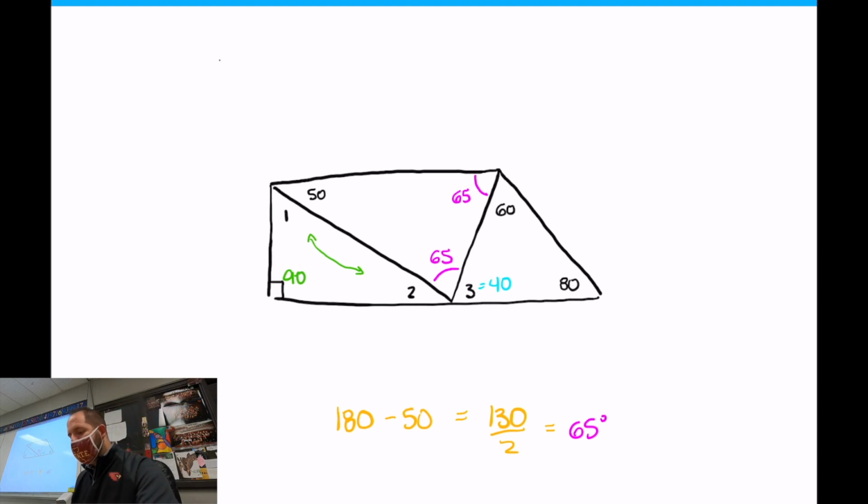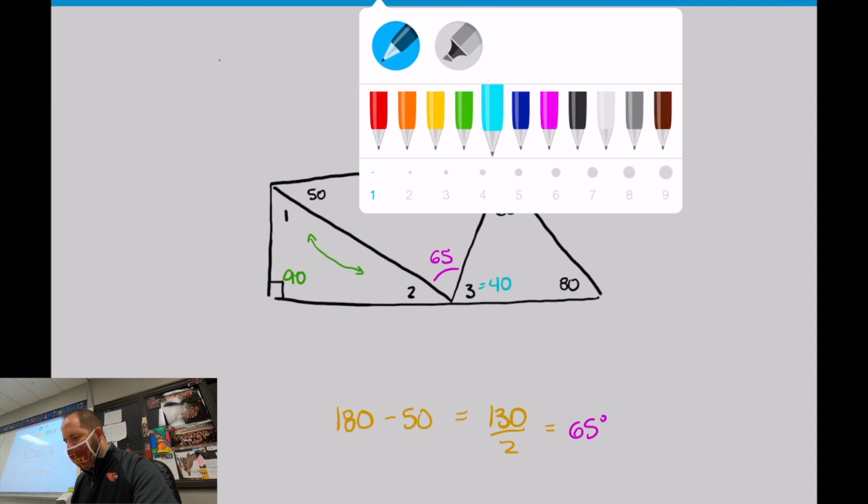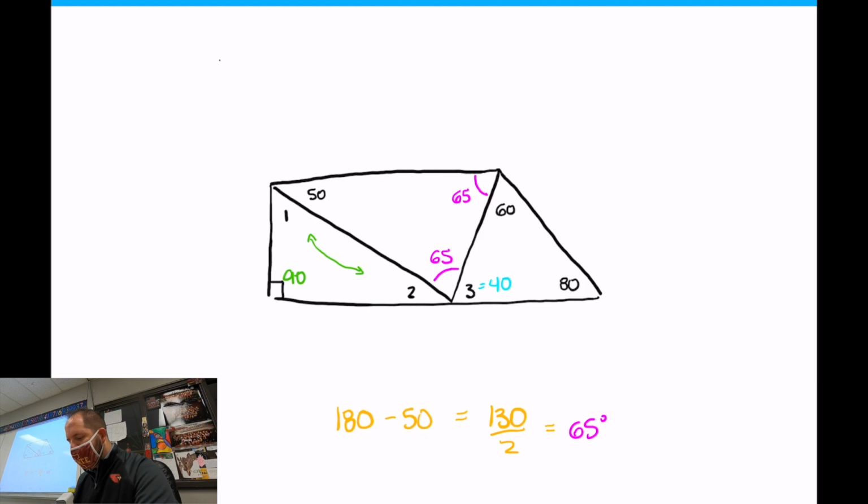Yeah, exactly right. The angles that are down here, I'm going to put this in an orange color. These 3 angles down here have to add up to be 180. They're in a straight line with each other. So you take the 180, like she was saying, and you subtract 65 and you subtract 40. What that leaves you with for angle 2 is 75 degrees.